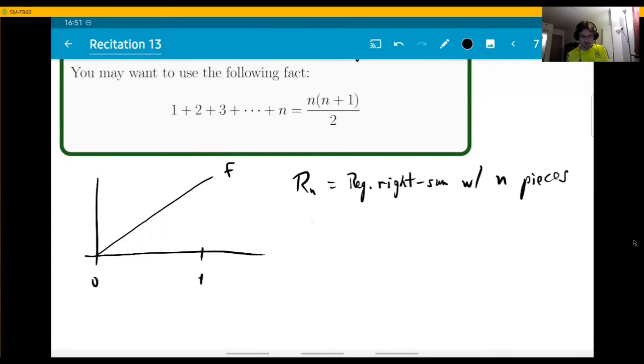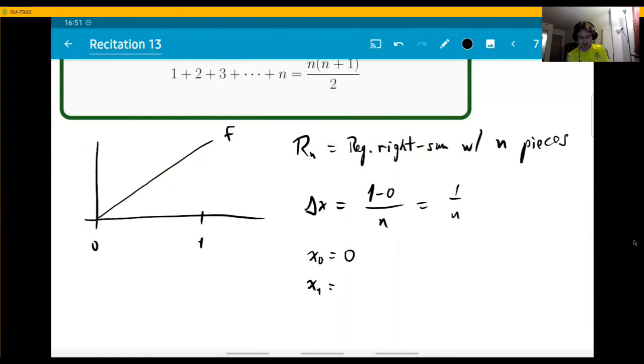So you have x0, which is just, oh, first of all, let's find the delta x. What is the length of each piece? If there's going to be n of them, the interval is from 0 to 1. Those are the a and the b. N pieces is just some n. We don't know what that is. So delta x is 1 over n. And what are the points? X0 is always the first one. X1 is going to be that plus 1 over n.